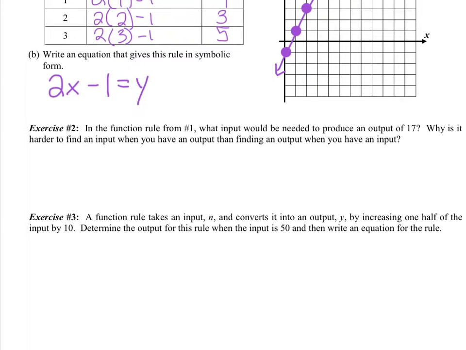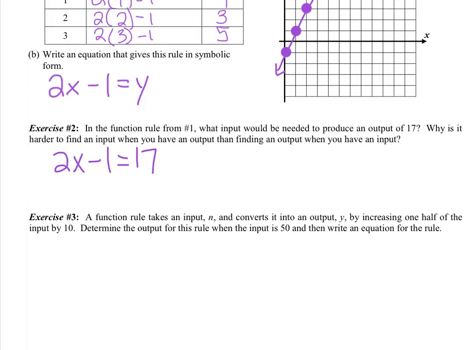Exercise 2 asks a very interesting question. So it talks about the function rule for number 1, what input would be needed to get this output of 17. Well, we don't know the input, so we're going to just leave that as x, but they did tell us the output is 17. What could we do with this?